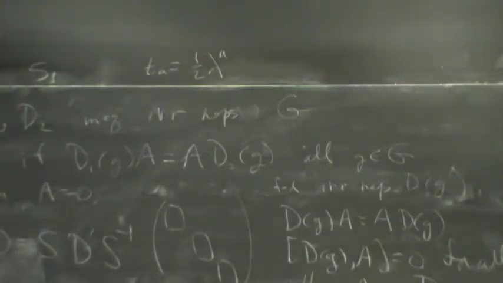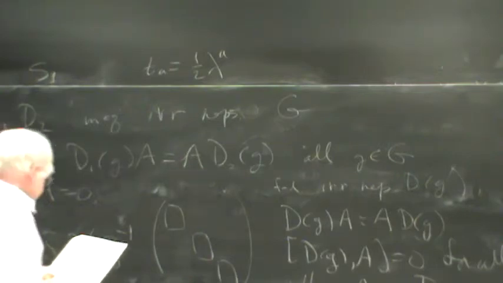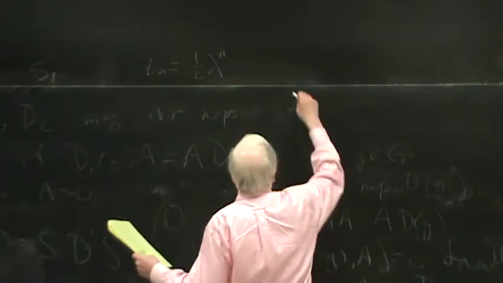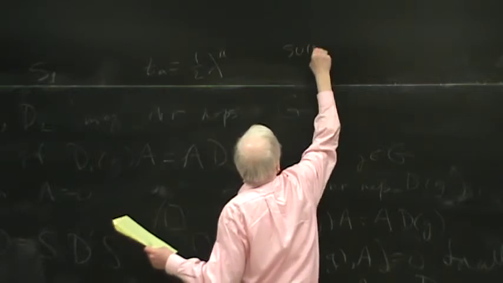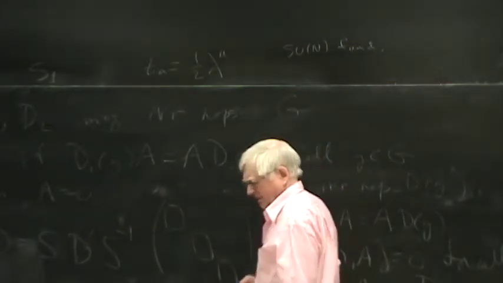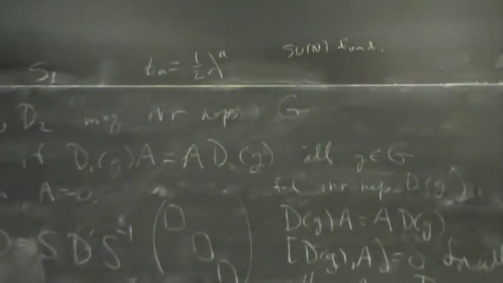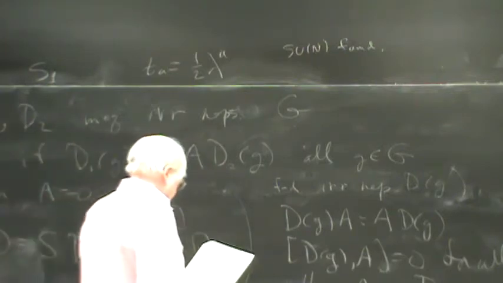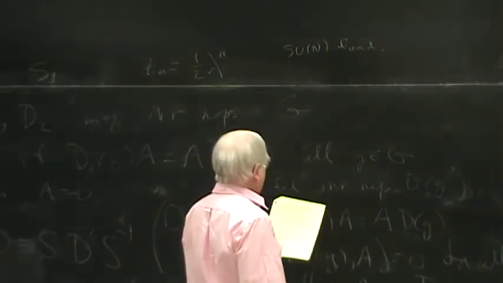And in general for SU(N), fundamental, or defining is a better word than fundamental. So the defining representation: SU(2), they're 2 by 2 unitary matrices. SU(3), 3 by 3, defining. And that's the correct terminology.